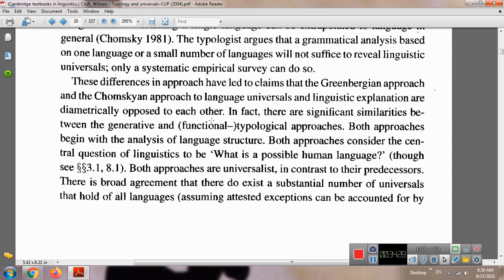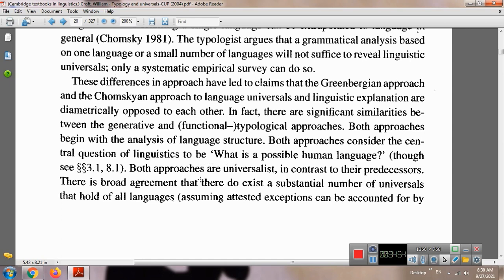In fact, there are significant similarities between the generative and functional typological approaches. Both approaches begin with the analysis of language structure. This is the shared point between them. Both approaches consider the central question of linguistics to be what is a possible human language.